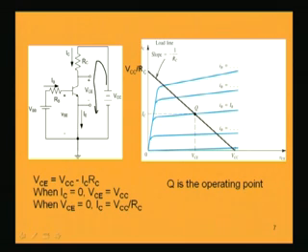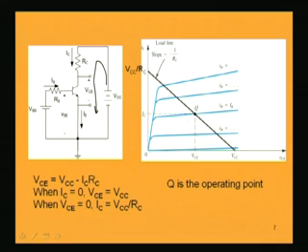So, VCE is equal to VCC minus ICRC. Here when I put IC equal to 0, I get VCE equal to VCC, that is the maximum voltage available on the x axis, the voltage axis, and when VCE is equal to 0, I get the maximum collector current that is possible, which is equal to VCC by RC, that is this maximum collector point.